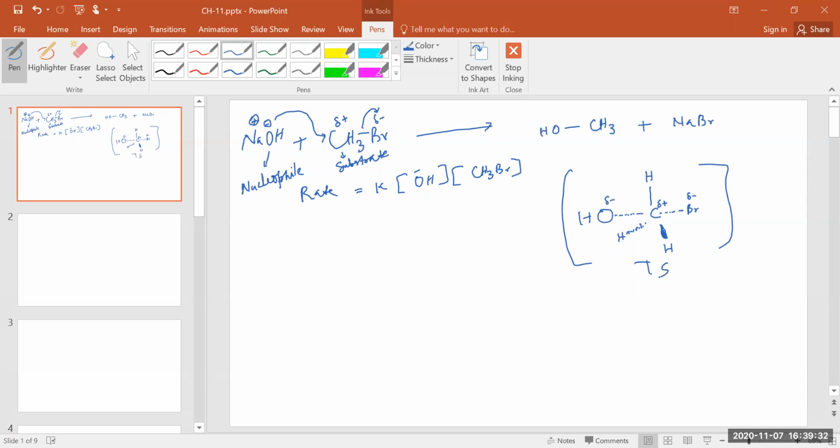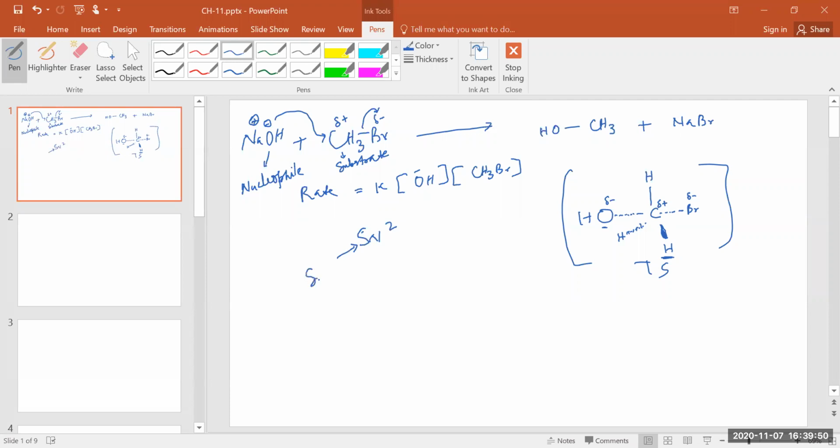In this reaction's transition state, the nucleophile and the electrophile, the substrate, mix as a complex. So this reaction is called SN2.